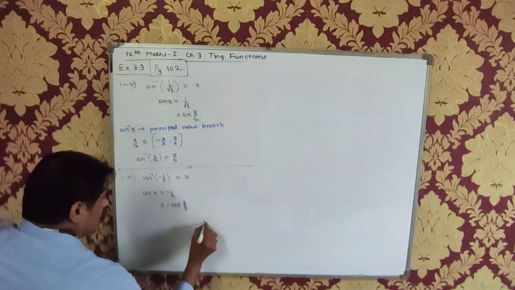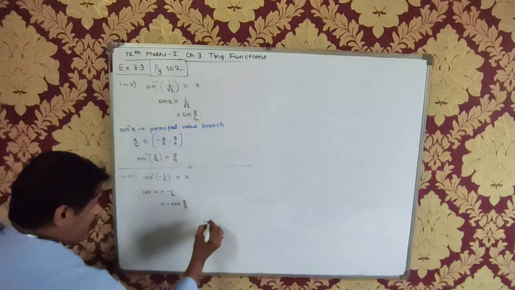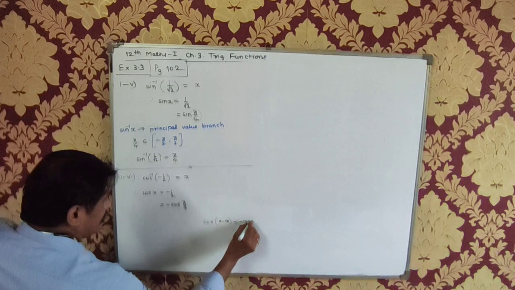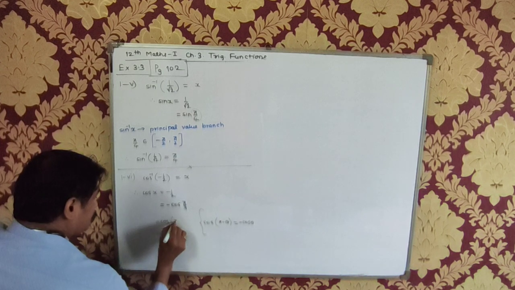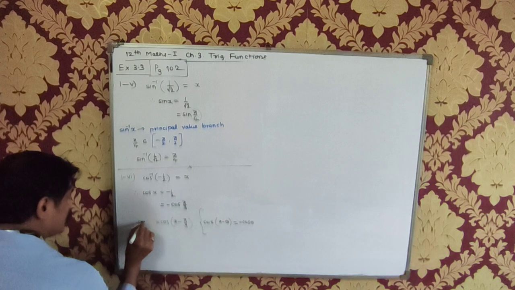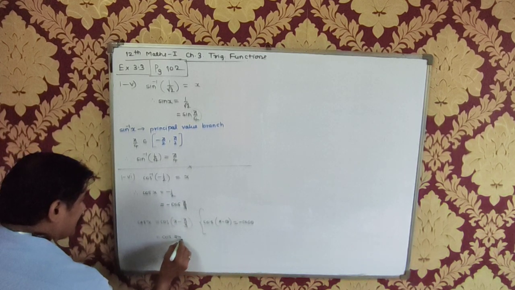Now cos of pi minus theta is equal to minus cos theta. Using this I can write it as cos of pi minus pi by 3. That is equal to cos of 2 pi by 3.